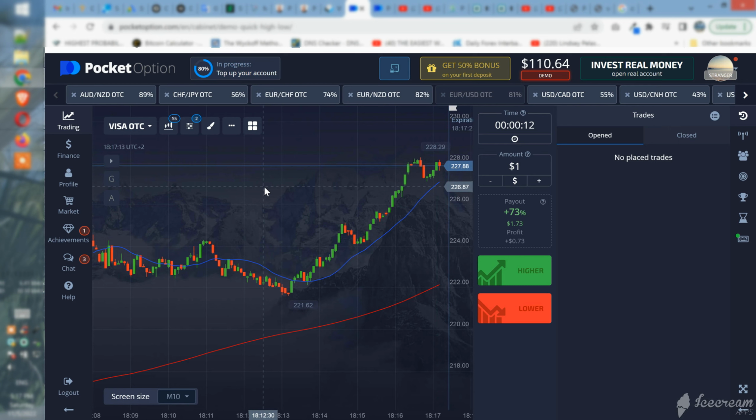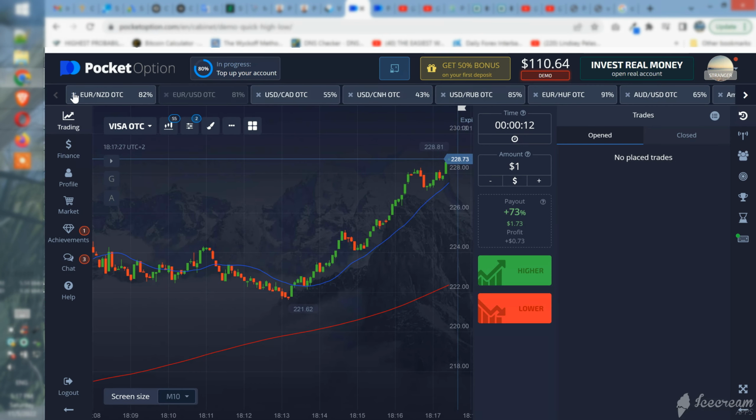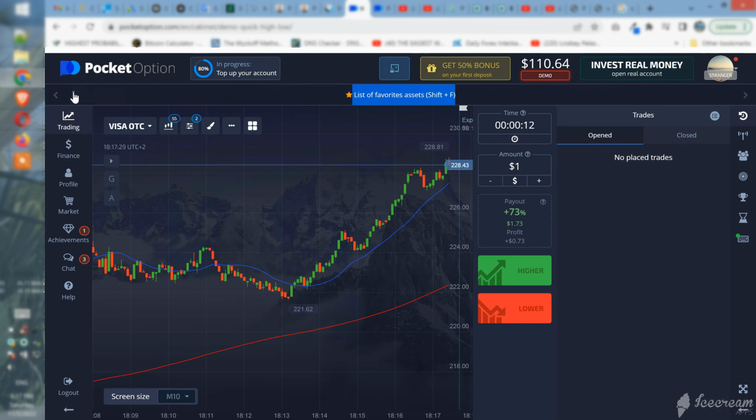So here you see the platform. After you register, you'll get into something like this, and what I do is I select the currencies I want to trade. So basically I will just turn this off, so you see exactly how it looks when it starts.